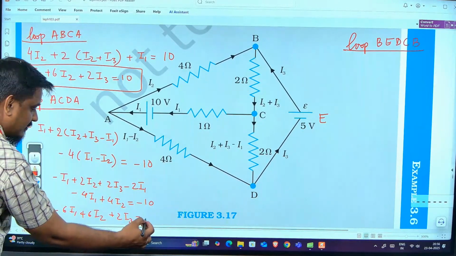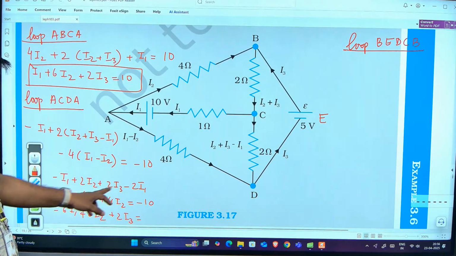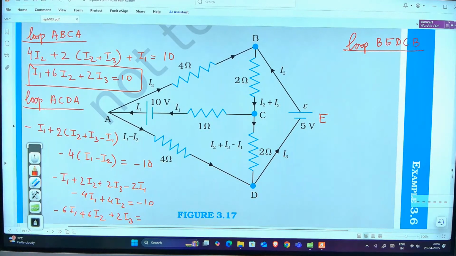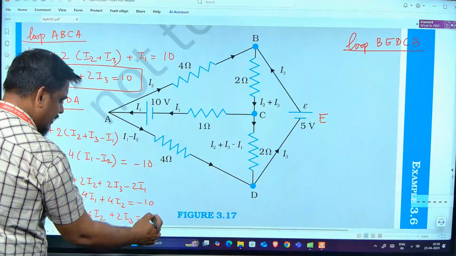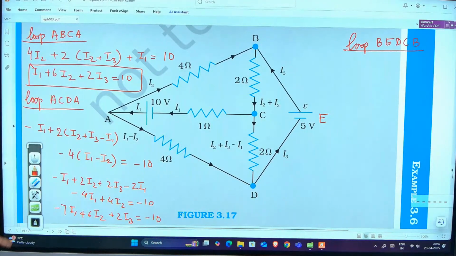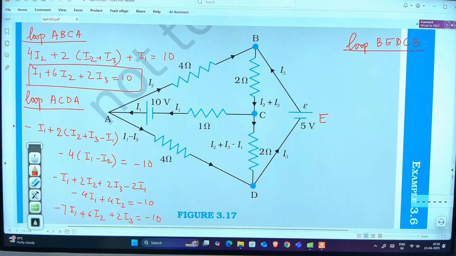Sir, I1 is minus 7 I1, sir. Yes, 7 is there. Good, thank you. Sir, I also took the loop in the direction of the current itself, so I'm giving a positive value. Yeah, no problem in that. You will be getting 7 I1 minus 6 I2 minus 2 I3 is equal to 10. Yeah, same only.